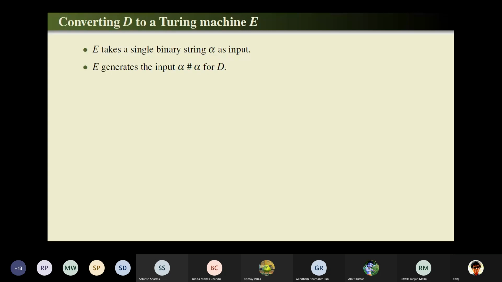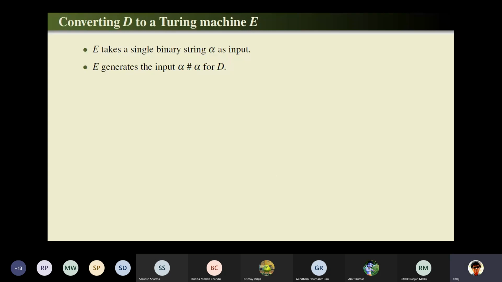Now this E may have all the transitions of D in its own finite control, or it can proceed as the universal Turing machine does.